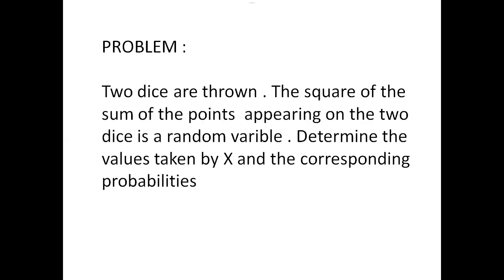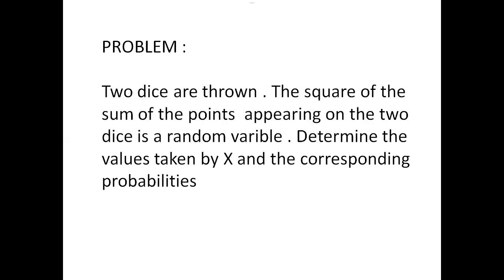If you consider all the possible outcomes in a particular experiment, then that is called a sample space. If you take one die, the sample space S is equal to {1, 2, 3, 4, 5, 6} and the total number of outcomes is 6. In this problem, two dice are thrown.